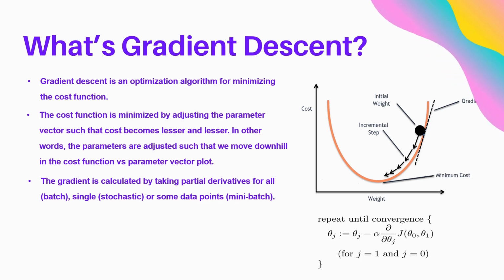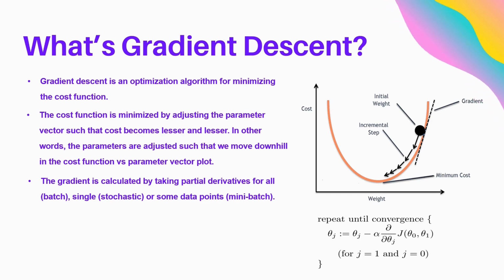That's called batch gradient descent. The second technique is to calculate the gradient for each data point and then adjust the parameters. The third method is to calculate the gradient for a set of data points and then adjust the parameters.